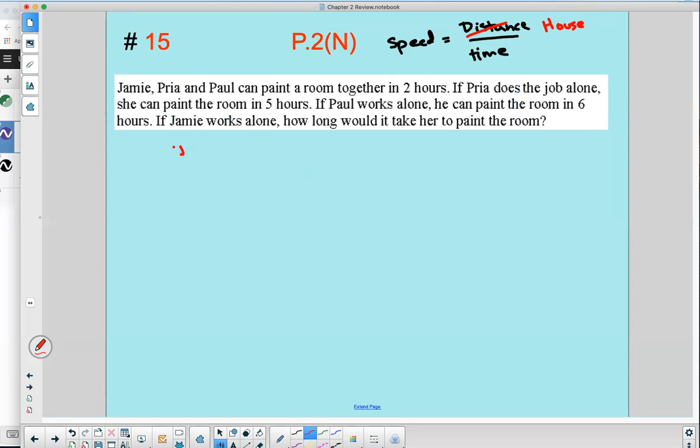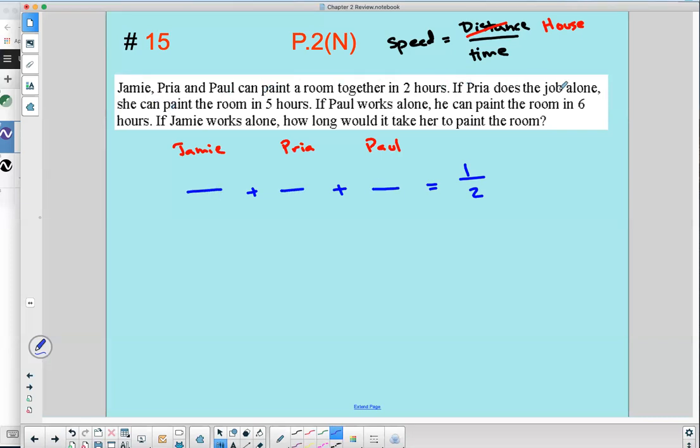So there's 3 people. We'll call them Jamie, Priya, and Paul. When they're working together, they can paint 1 house in 2 hours. There's that part of the equation. When they work together, that means add them all up.